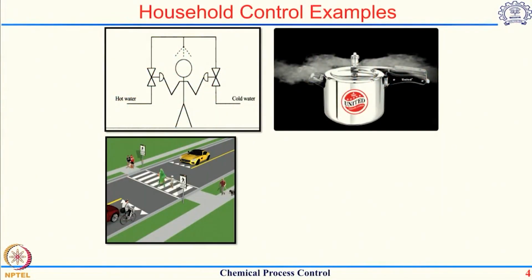The next example is crossing the road. When we want to cross the road, we typically have an objective that we want to go from one end of the road to the other without getting hit by any vehicle, obviously. We have control on how fast we can go and when we cross the road. The disturbances here are the cars or other vehicles coming from both sides.